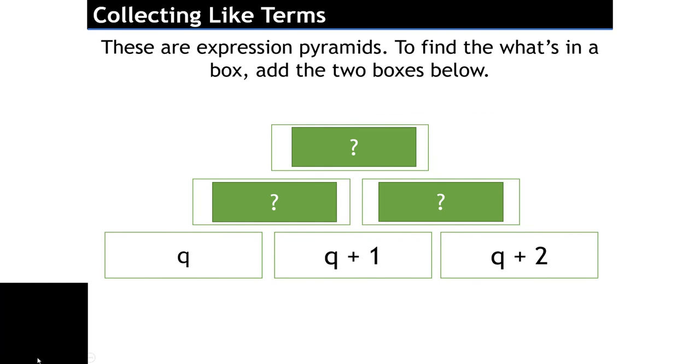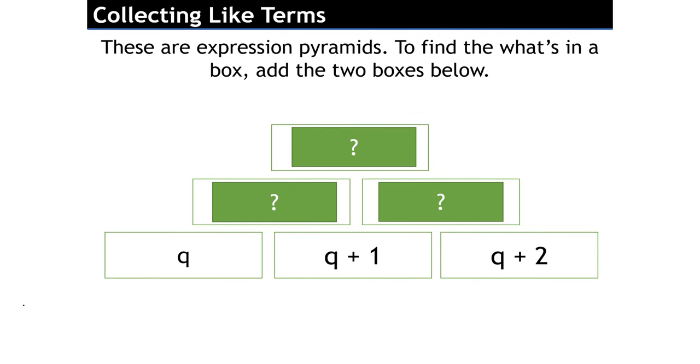If we add them, we get q plus 1. So q plus q plus 1. q plus q gives us 2q, and then the 1 on its own is just a plus 1. So this one here will be 2q plus 1.